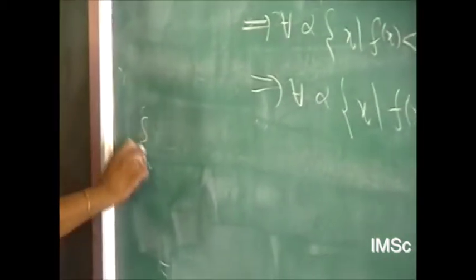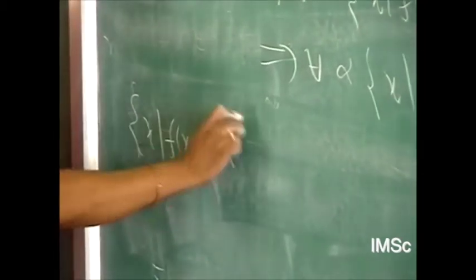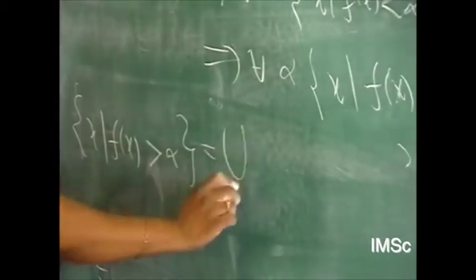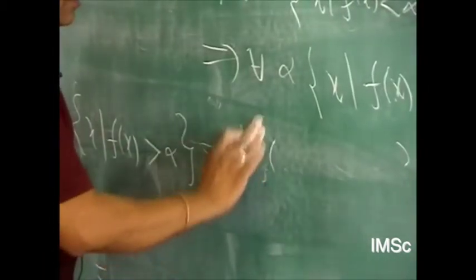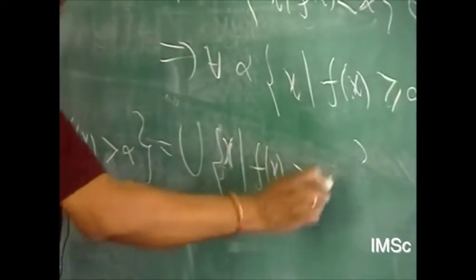So, the set of all x such that f(x) is strictly bigger than alpha is again a union of sets of all x where f(x) is very big for alpha.